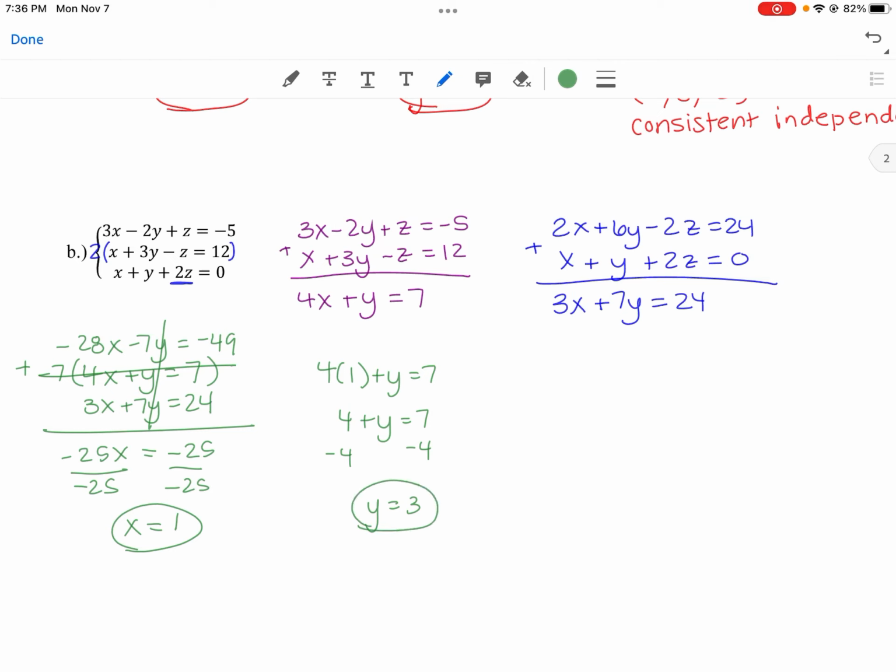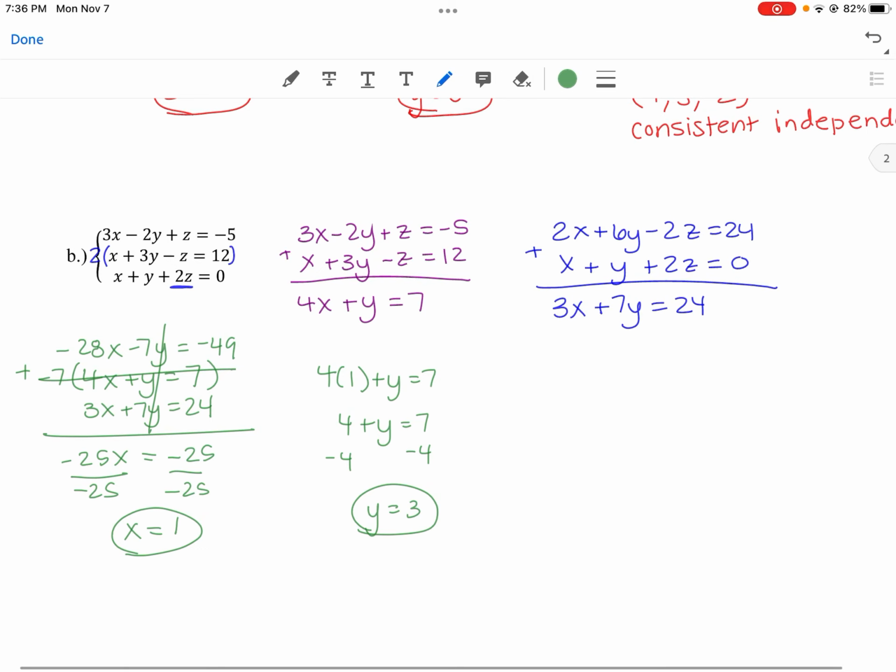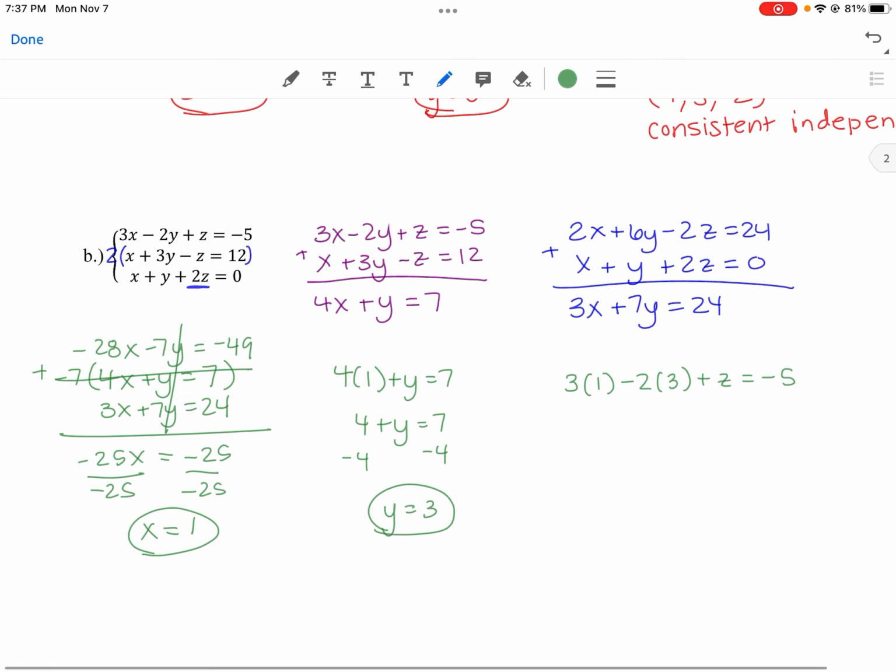Okay, we're 2/3 of the way there. Now we've got to use one of your original ones. Since I'm solving for z, maybe I'll use this top one because it's a little easier, because z's all alone already. So I've got 3 times x, which is 1, minus 2 times 3 plus z equals negative 5. 3 times 1 is 3, minus 6 plus z equals negative 5. 3 minus 6 is a negative 3 plus z equals negative 5.